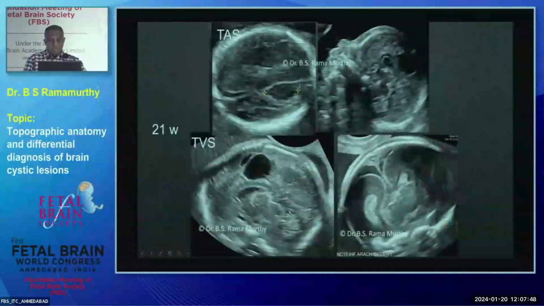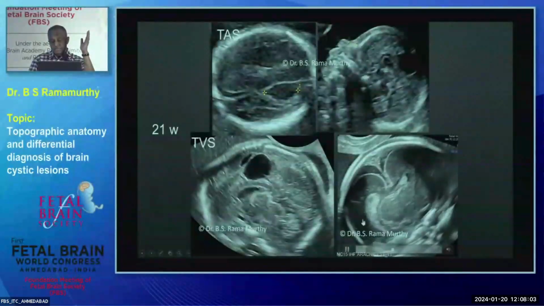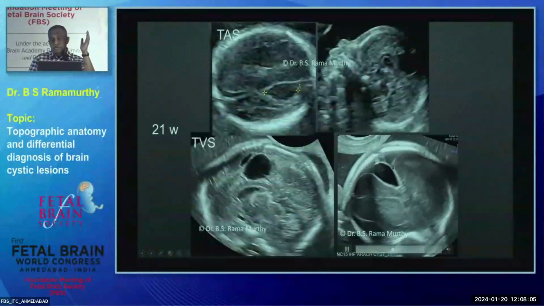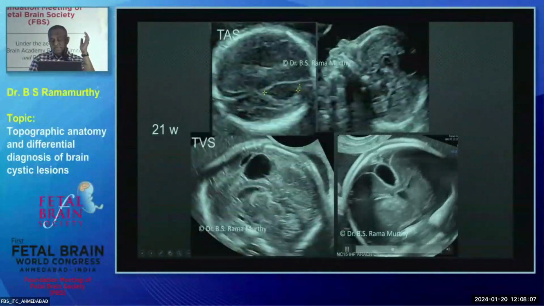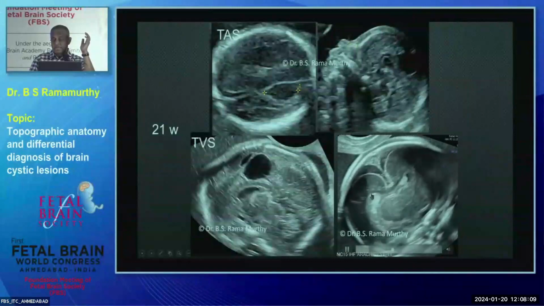And when you go vaginal, you find that the corpus callosum is complete, normal. And this is the cyst sitting there, not doing anything to the corpus callosum. And therefore, what kind of a cyst do you think this is? This would be an arachnoid cyst sitting in the interhemispheric fissure.